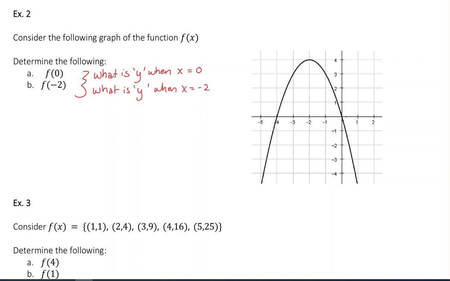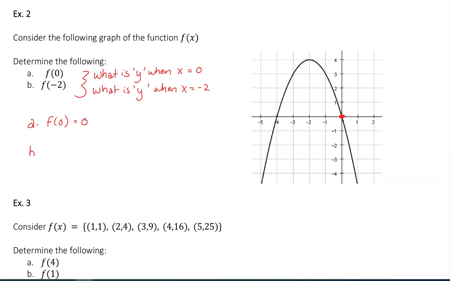Now you don't actually have to do any algebra here. We're just going to observe our graph and make a statement. So where is x equals 0? That would be right here. When that parabola crosses that point, what does y equal? You would say f of 0 equals 0, because y also equals 0 at that point.